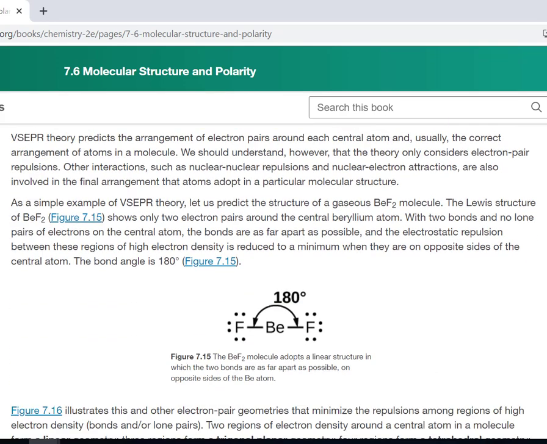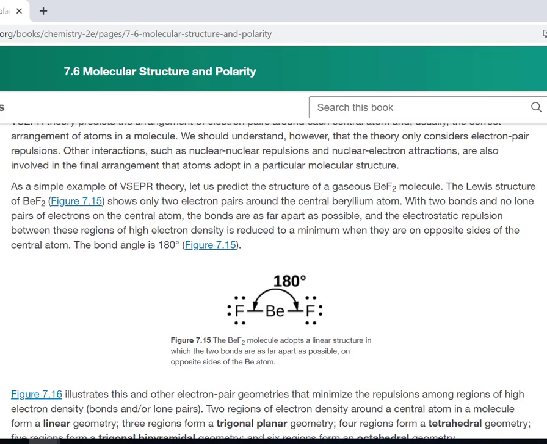So let's look at an example. Here we're showing the Lewis structure for BeF2. In this molecule, you have a central atom that only has two places with electrons. Again, this is one that doesn't follow the octet rule. It has these two single bonds.